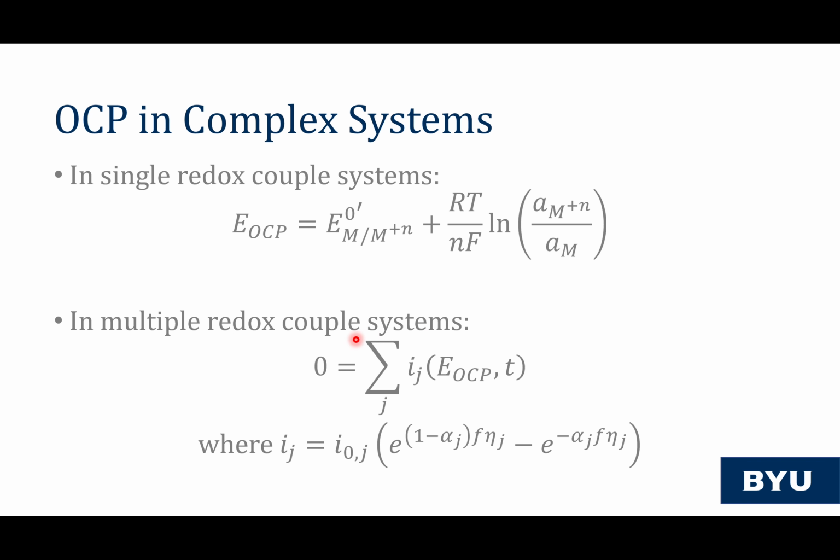So for all of our different species j, their currents need to balance out at zero. And we could calculate this using the Butler-Volmer equation, for example.